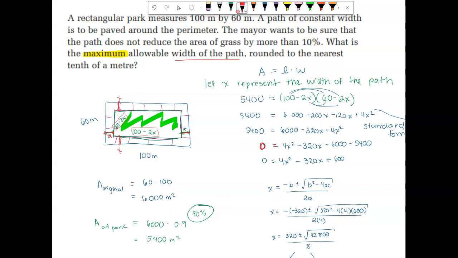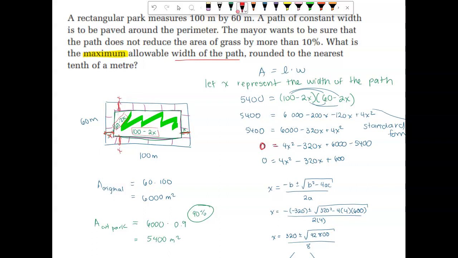So I'm going to create an equation to make sure that this green rectangle is no less than 5,400. So I'm going to let x represent the width of the path. Remember, we always have to write our let statements. I'm going to say that the area is 5,400 meters squared equals, and then we said the dimension is 100 minus 2x here. And we find the area, we multiply by the width, which is 60 minus 2x here. And then it's a quadratic equation.